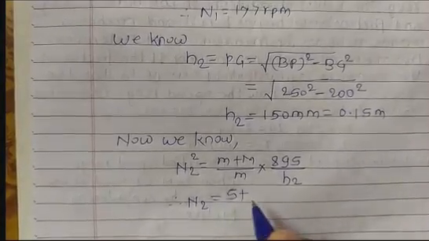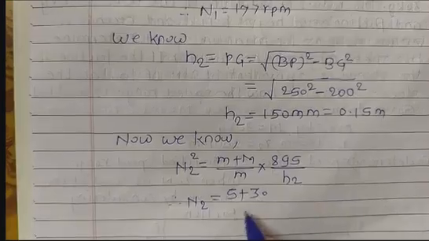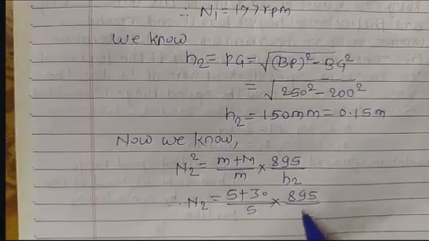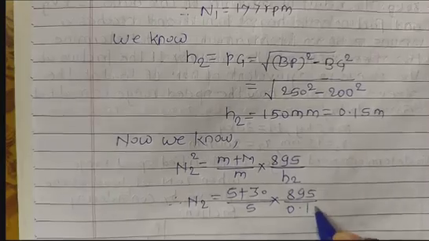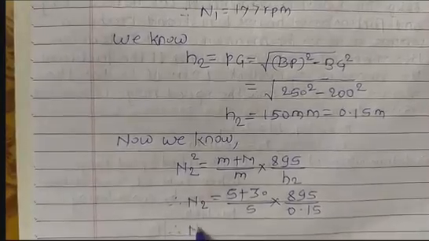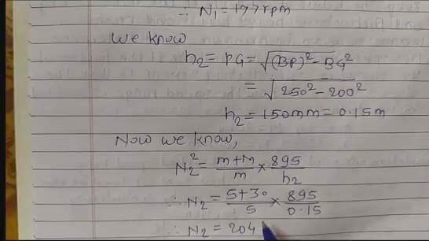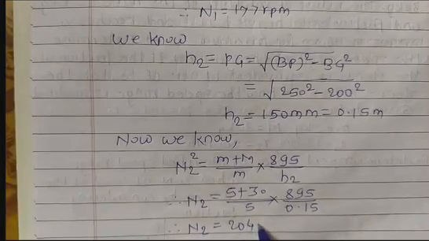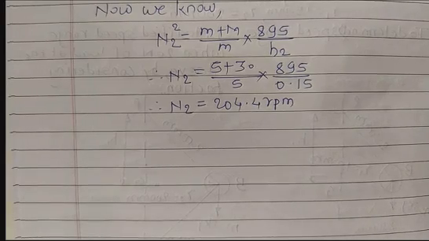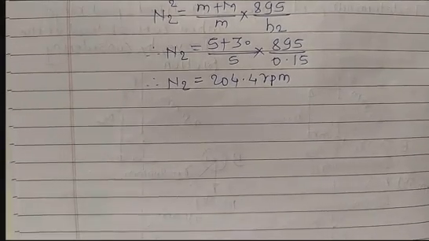So here small m is 5, capital M is 30, then small m again is 5, multiplied by 895 divided by h2, which is 0.15. So N2, after simplification, we get 204.4 rpm. Once the calculation for N1 and N2 is over, then get the speed range.